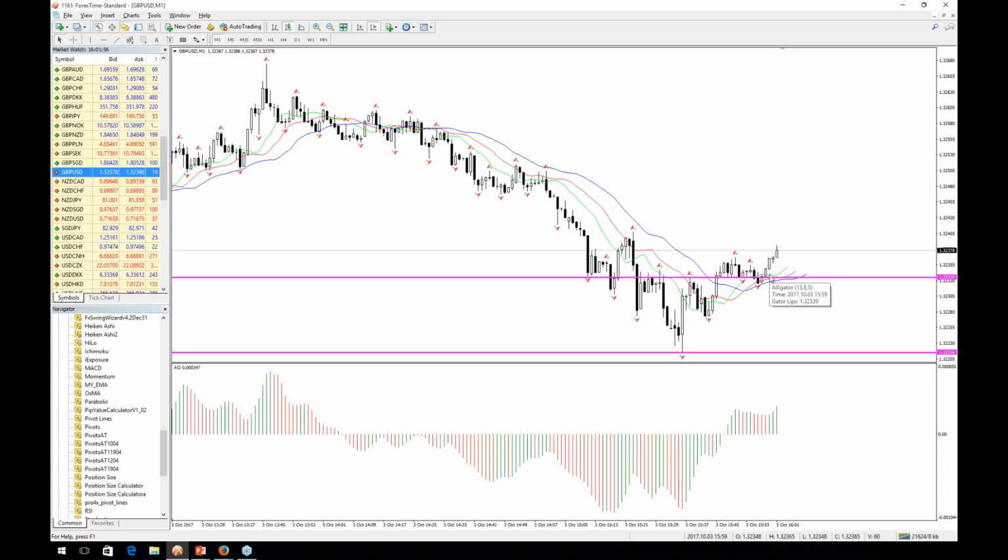So the 3 lines show upwards, even though my OSAM is pointing below 0. So one of them is confirming, the other one is not confirming. It's up to you what you're going to do. Some of you might not take the trade. Some of you will take it as long as one of the two confirm.